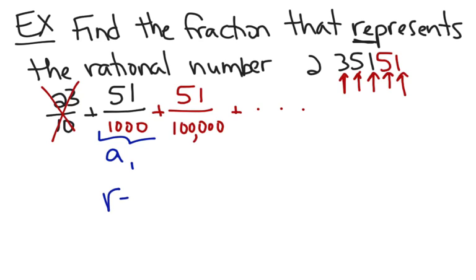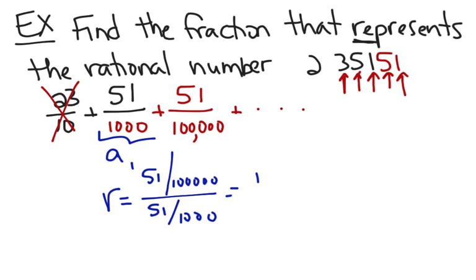The common ratio is what you get when you divide the second term by the first term. Well, the 51s go away, and you end up with 1,000 over 100,000, which reduces to 1 over 100. So the common ratio is 1 over 100.